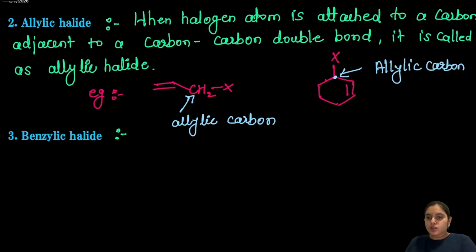Okay. So what is benzylic halide? When the halogen is attached to a carbon directly adjacent to a benzene ring, then it is called a benzylic halide.